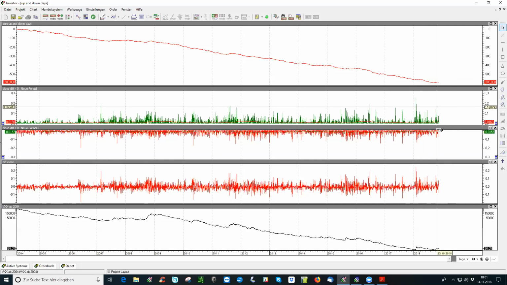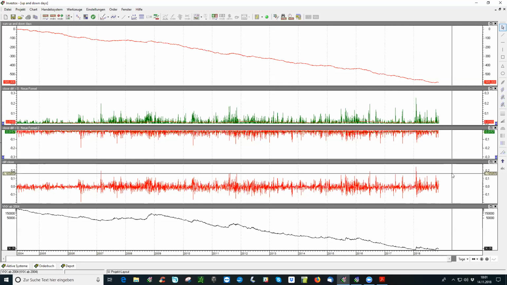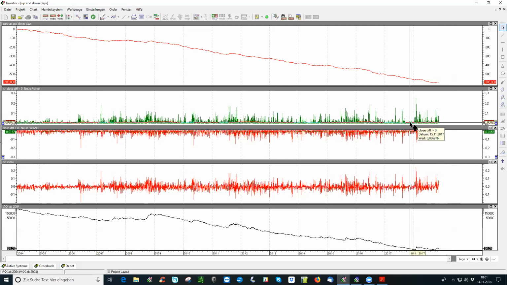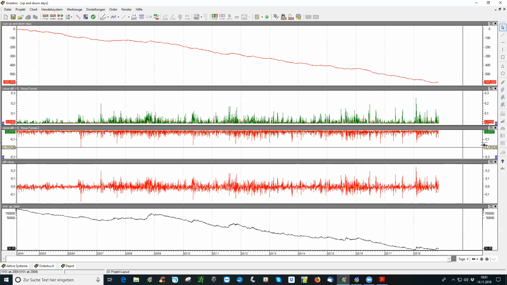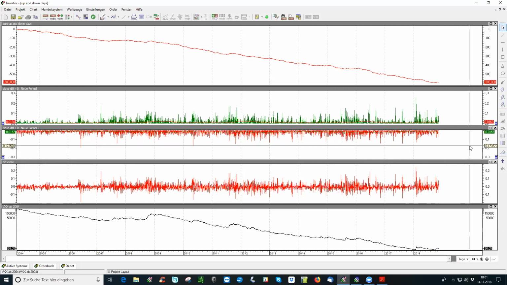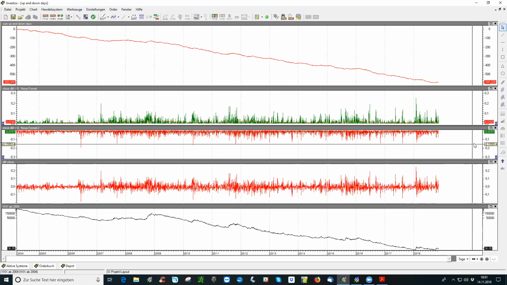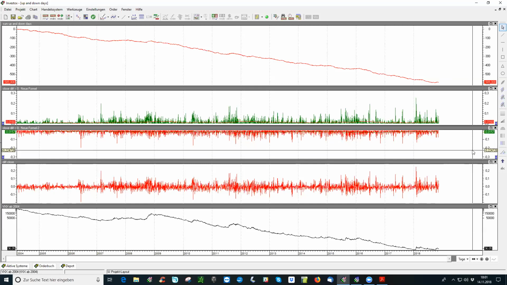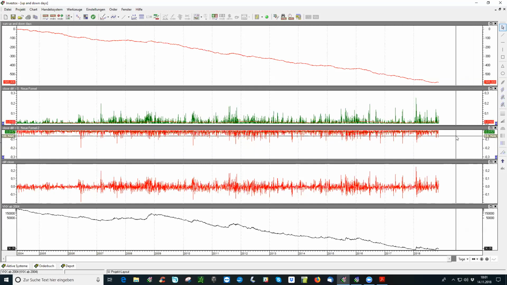But if you look at the average, here I made a moving average of 200 days. You see the average of all days is 0.016 drift to the upside and 0.0157 to the downside, which is pretty much the same.